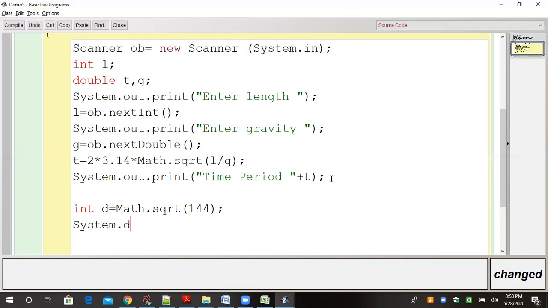Can you please tell whether it's right or wrong? If it is right, then what will be the answer? If it is wrong, then what is the problem over there? You just think, I will get back to you in 30 seconds.